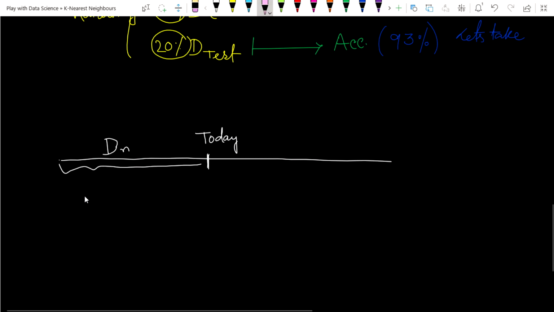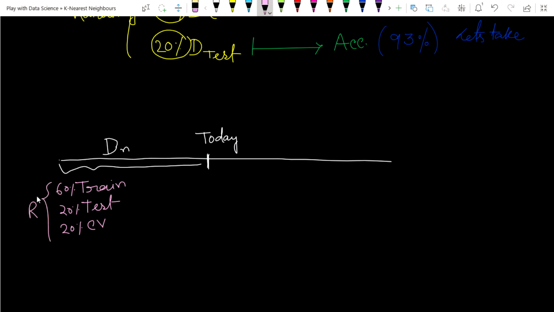From this data set we randomly divide the data to collect our train data, our test data, as well as our cross validation data, randomly in 60%, 20%, and 20%.